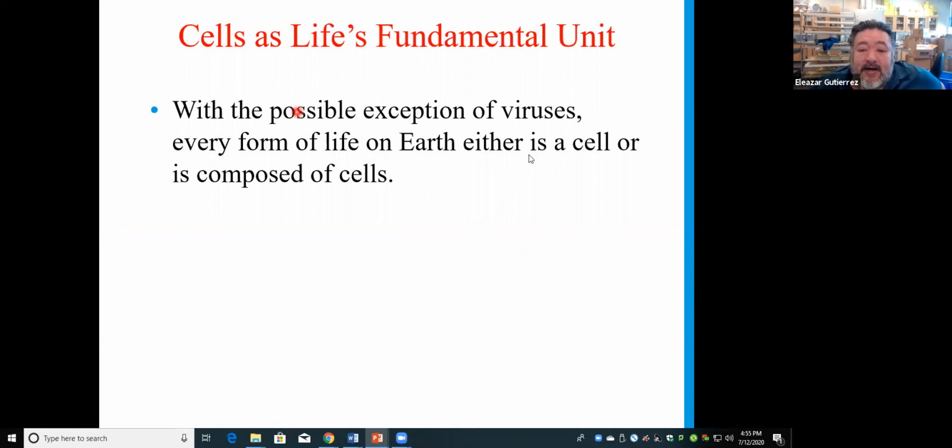The exception that the author likes to put in here is viruses, but to be honest, viruses cannot be part of the fundamental unit of life because viruses, by definition, are not alive. They don't have metabolism. So cells do have a metabolism. They are alive, and consequently, they are the fundamental unit of life.